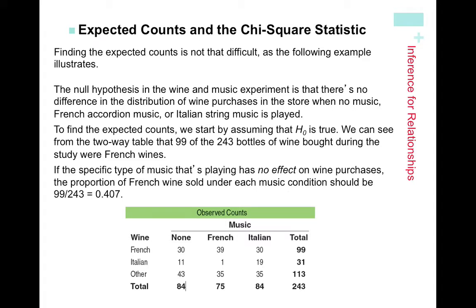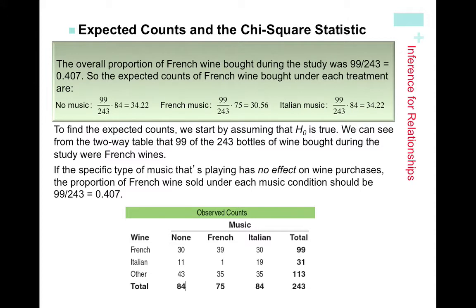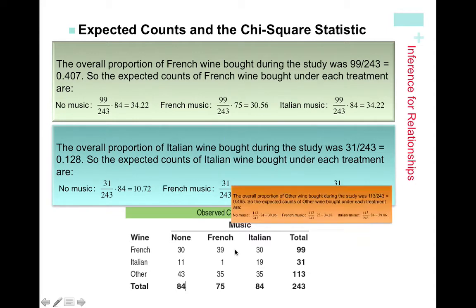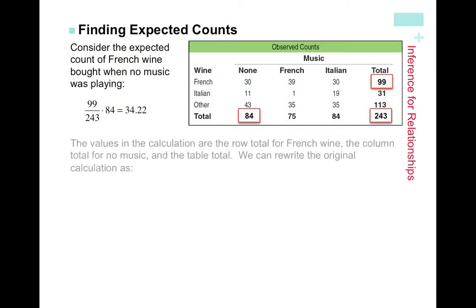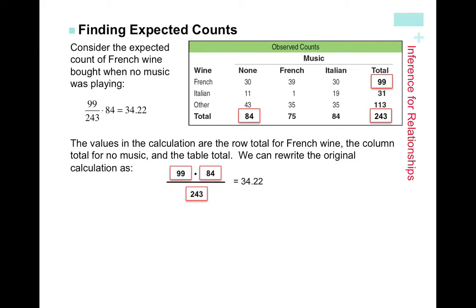We can figure out the expected counts. It's always the row total times the column total divided by the total amount, and that'll give you the expected count for that cell.